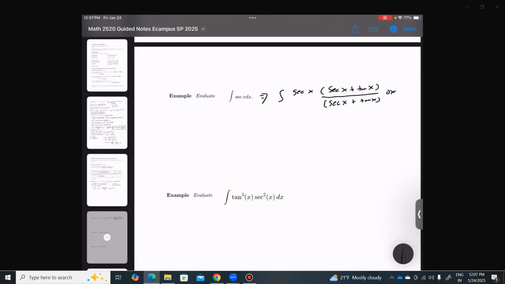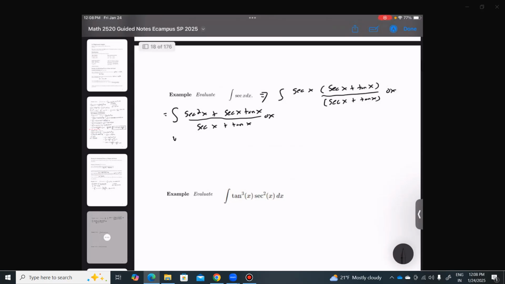So when we distribute the secant x, we get secant squared x plus secant x tangent x all over secant x plus tangent x dx. And then here we'll do a u substitution. u equaling secant x plus tangent x.